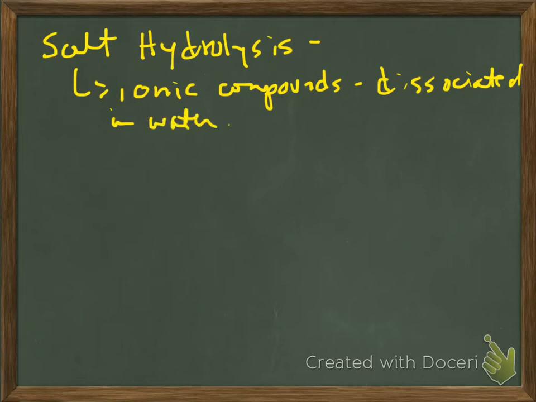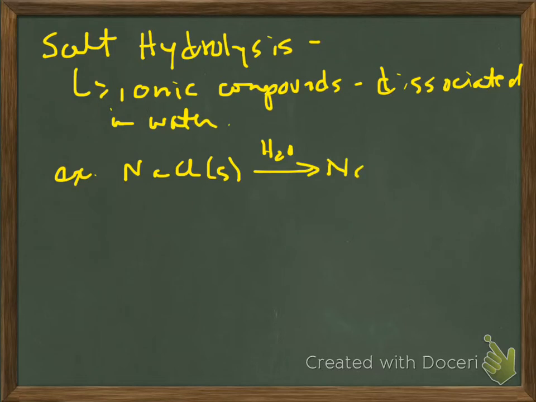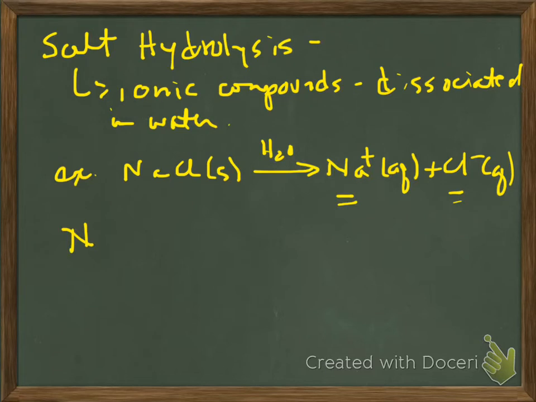All right. Strong electrolytes completely dissociate. If we look at an example, we have sodium chloride. When I put that into water, I form the sodium ion and the chloride ion. What we have to do is look at what are these things going to do in solution. Well, theoretically, if I have a sodium ion and water, remember we can think of water as being an HOH.